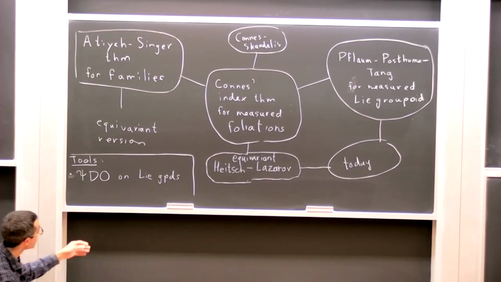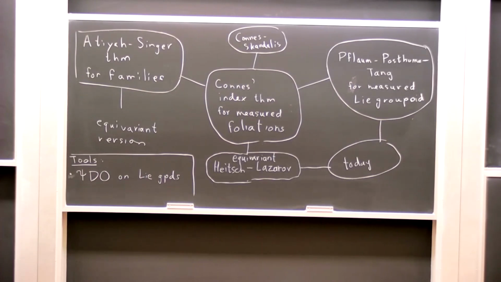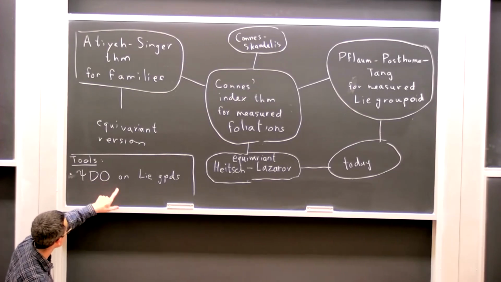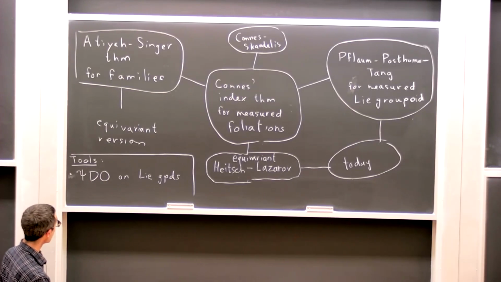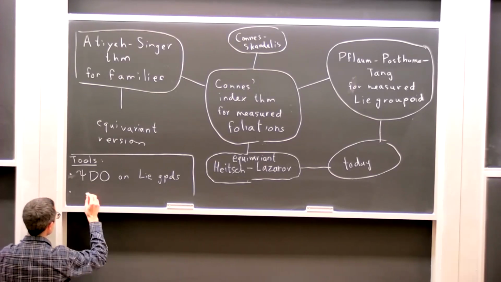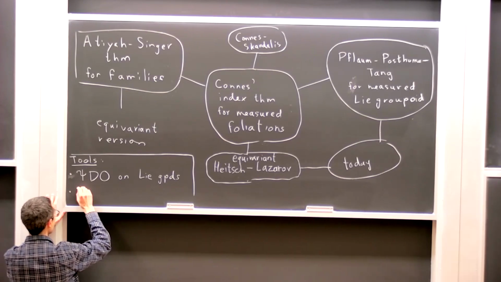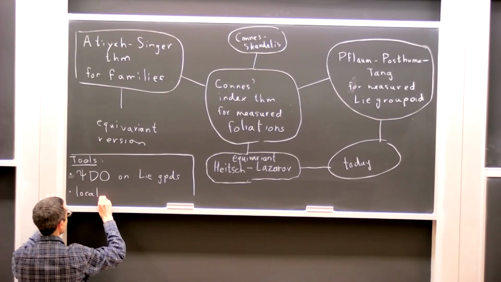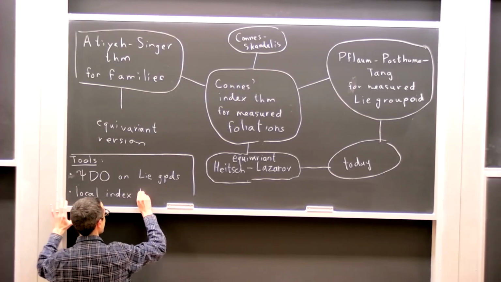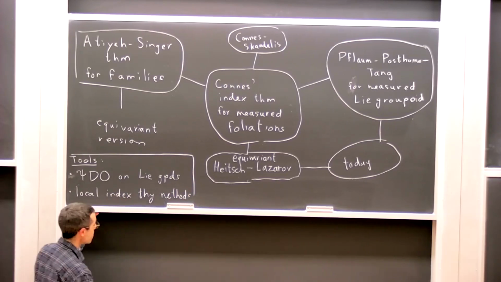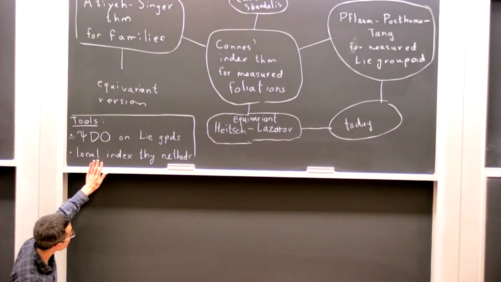And this goes back to work by Nistor, Weinstein, Xu, and also by Monthubert, Pierrot. So they came up with a theory of pseudo-differential operators on Lie groupoids. So that's important. And then, of course, we're also going to use heat kernel methods. So maybe I'll just say local index theory methods. And in particular, the Getzler rescaling method.